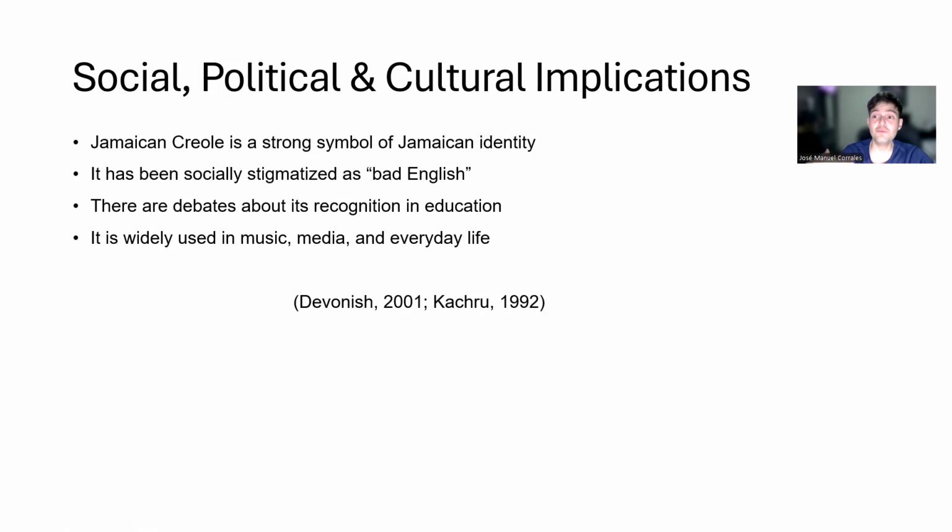So what we consider informal for them is their culture. And there are debates about its recognition in education, precisely because of what I'm talking about. Nevertheless, it is widely used in music, media, and everyday life.